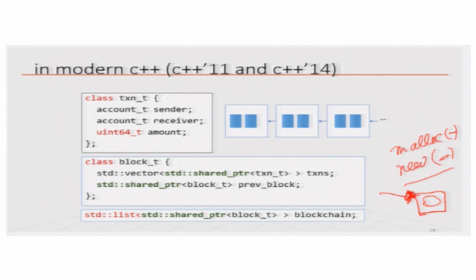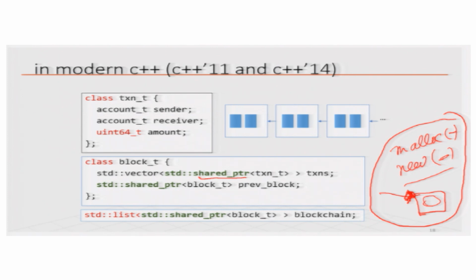So, people are quite worried about using pointers. In modern C++, there is a smart data structure called shared pointers. Shared pointers are what we call reference counted pointers, which means it keeps track of whether the memory allocated for it is under use or not, and based on that it deallocates automatically.